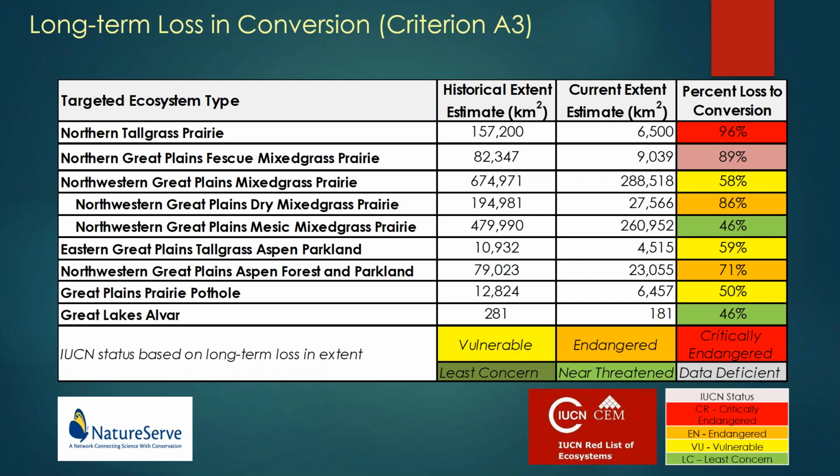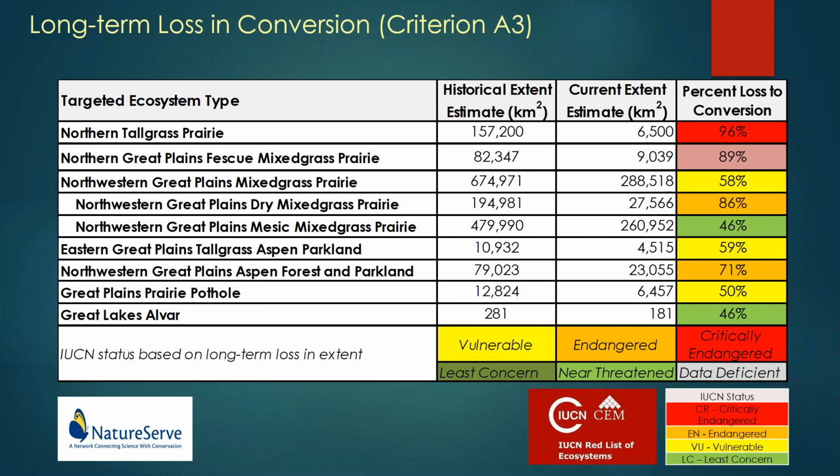Others, now like I say, we did this adjustment to the mixed grass prairies, and by adjusting the maps, taking that very conservative view of the current extent of it, that bumped up the overall sense to 58% for that combined concept of mixed grass prairie. If we just look at the dry mixed grass, it triggers endangered status, with 86% loss based on that approach.